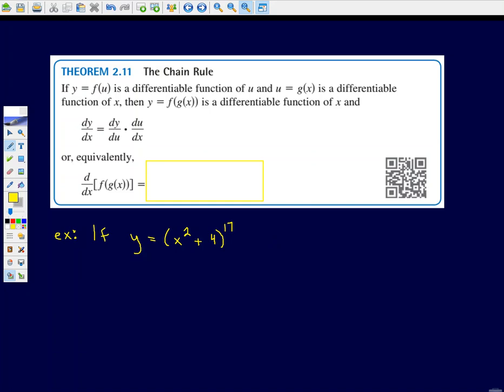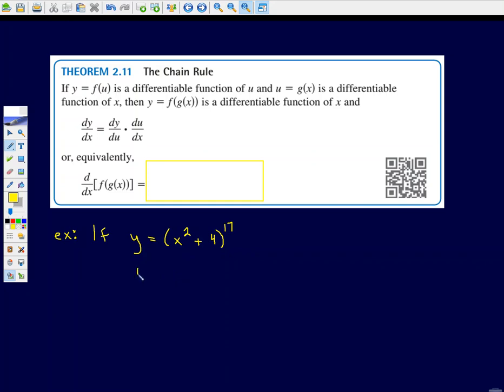The statement of the chain rule says, suppose that y is a function of the variable u, but then at the same time, u is a function of x, g of x. In my example, I can make this distinction. I've got y equals (x squared plus 4) to the 17, but I can write that as two smaller, simpler functions.